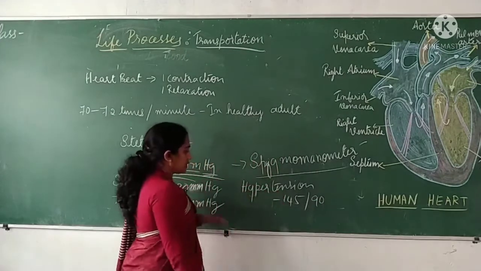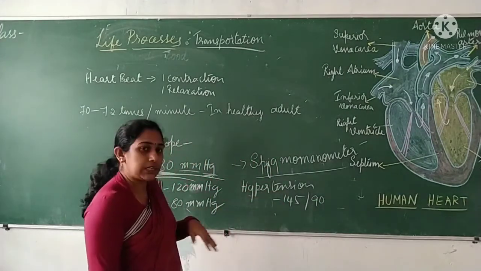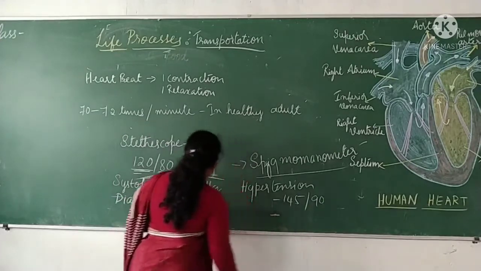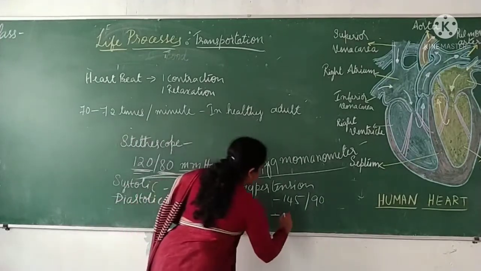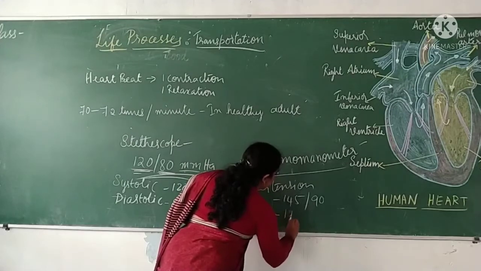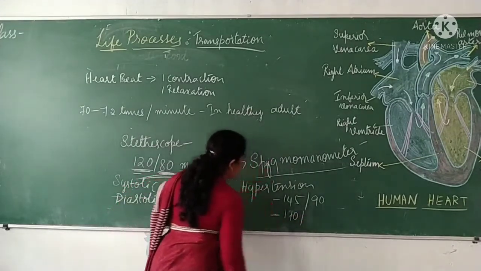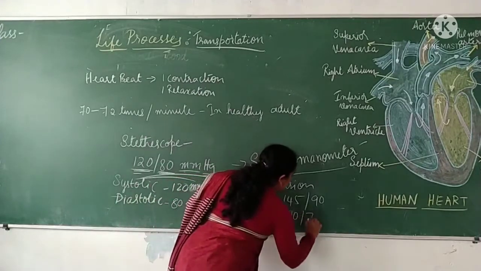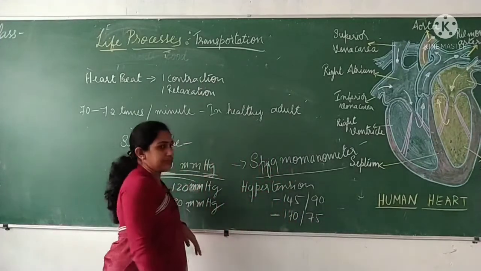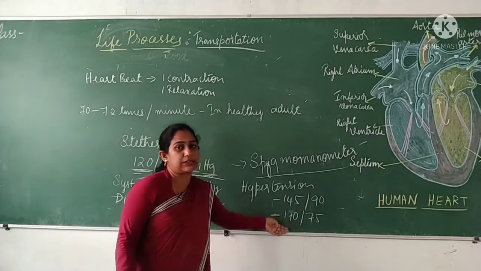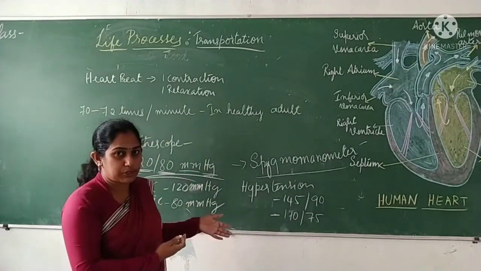In case of hypotension, that is low BP cases, 120 is the normal one, so it may reach about 110, lower than 120, and even the diastolic pressure from 80 may reach 75, or it may be 60 or 65. So that may decrease. That is called the low blood pressure case.